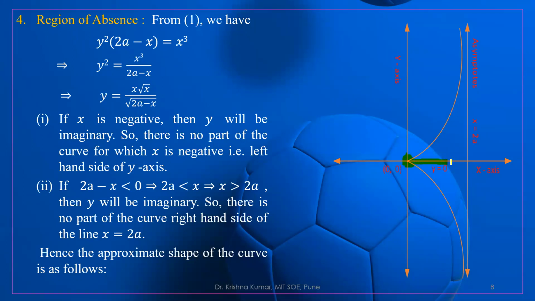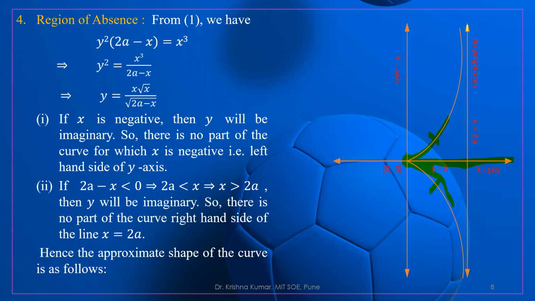The tangent is y equal to 0. So y equal to 0 means the x-axis is the tangent. There are two branches of the curve. This is one branch of the curve. This is another branch of the curve. So clearly, for these two branches we are getting only one common tangent, which is y equal to 0. That's why this is called a cusp.